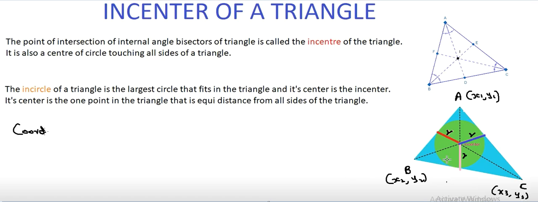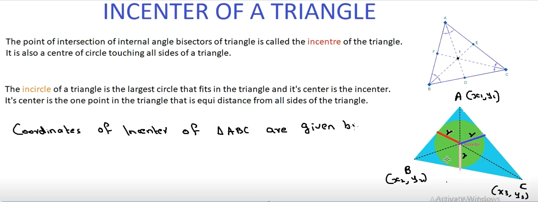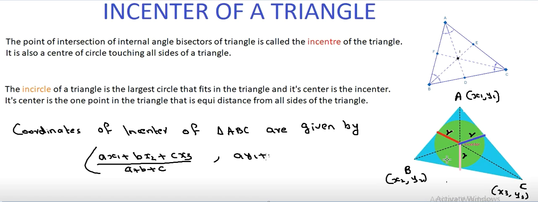The coordinates of the incenter of triangle ABC are given by (ax1 + bx2 + cx3)/(a + b + c), (ay1 + by2 + cy3)/(a + b + c).